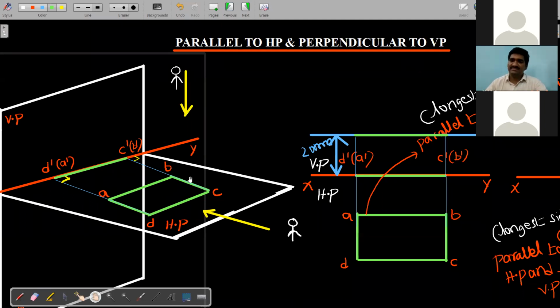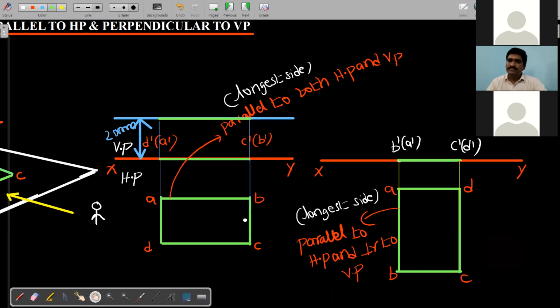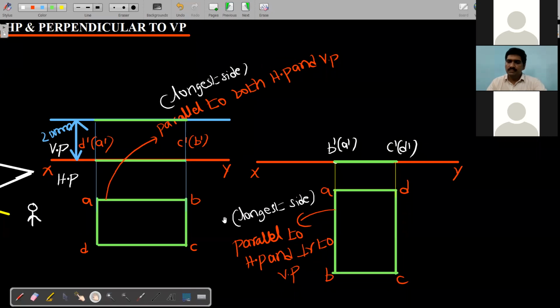And side AB is parallel to both HP and VP, no sir? Side AB is parallel to both HP and VP. In the Pentagon case, you said that if one side is parallel to both the planes, it is parallel. You said it's perpendicular to VP also, no sir?